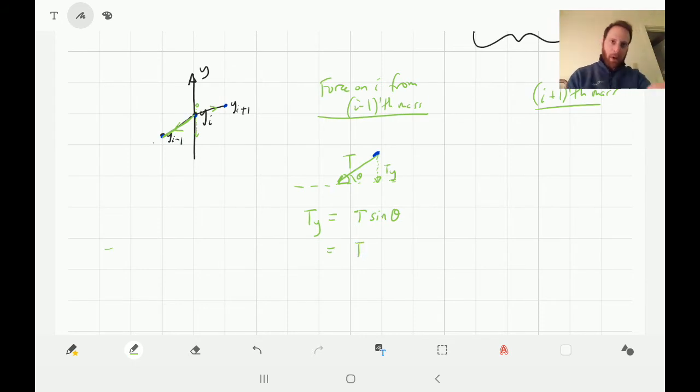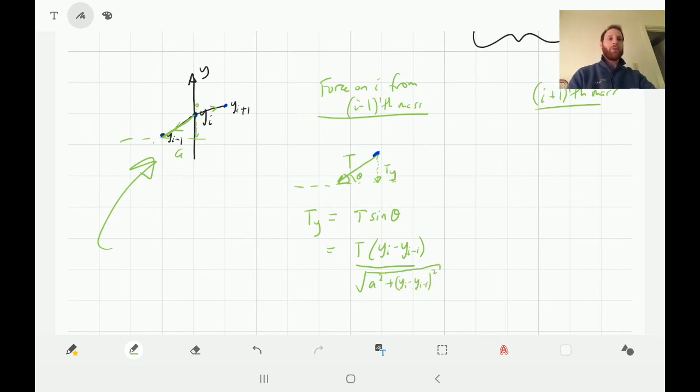If you focus on this picture, the sine of that angle is determined by the opposite side, which is simply yi minus yi minus 1, divided by the hypotenuse. Since this side length is a, the hypotenuse is the square root of a squared plus yi minus yi minus 1 squared.